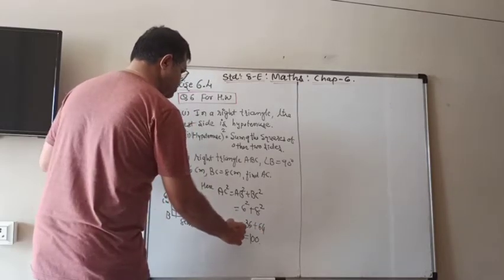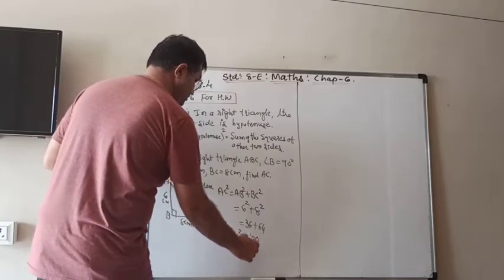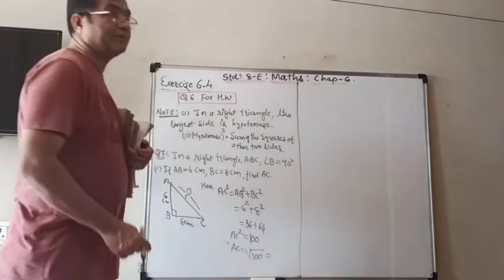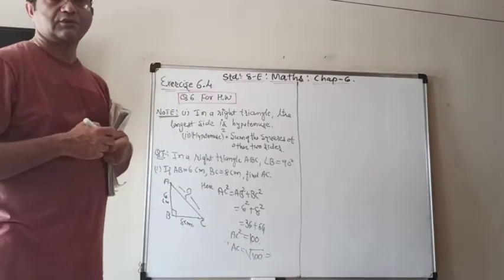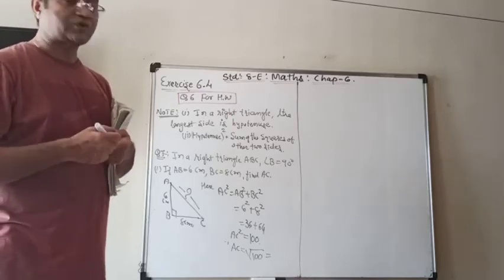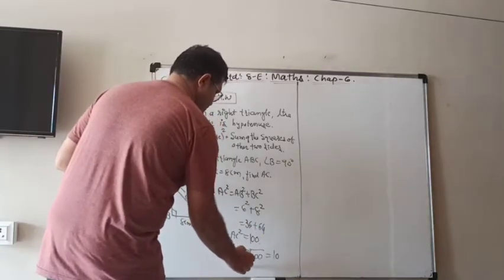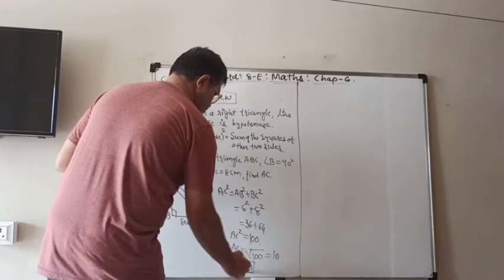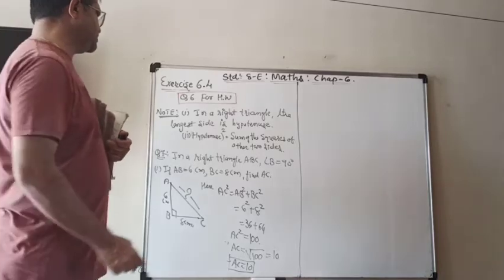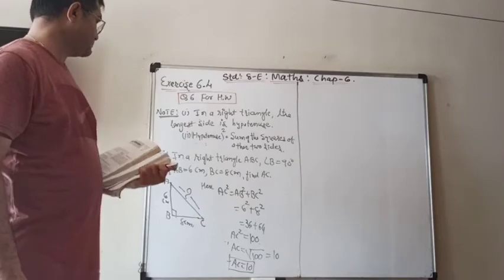So here we get AC square is equal to 100. It means that AC is equal to square root of 100. And I hope you remember the squares of numbers from 1 to 20 and the square roots. So the square root of 100 is 10. Therefore we get AC is equal to 10. If you don't remember this, then there will be a problem.